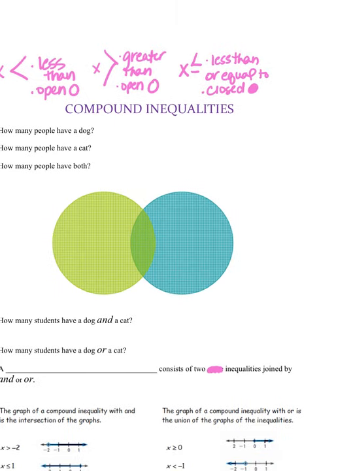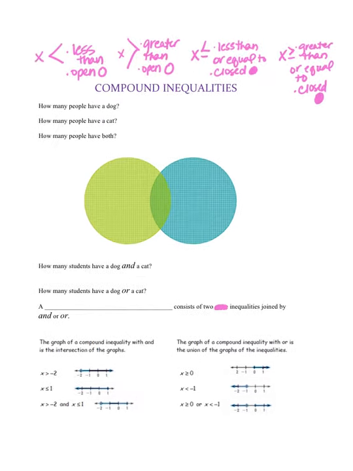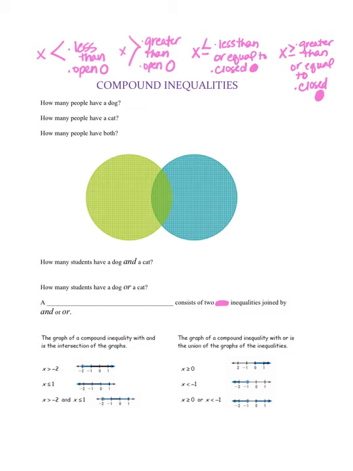And then x is greater than or equal to, just equal to, and that is also a closed circle. This is all on your notes from last week. Okay, so just a quick reminder of what we did last week, talking about less than, greater than, less than or equal to, greater than or equal to.